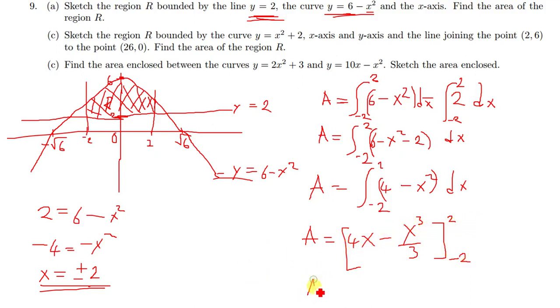So when you put your limits, you discover that your area will be equal to 16 over 3 minus, so this is going to be minus -16 over 3.